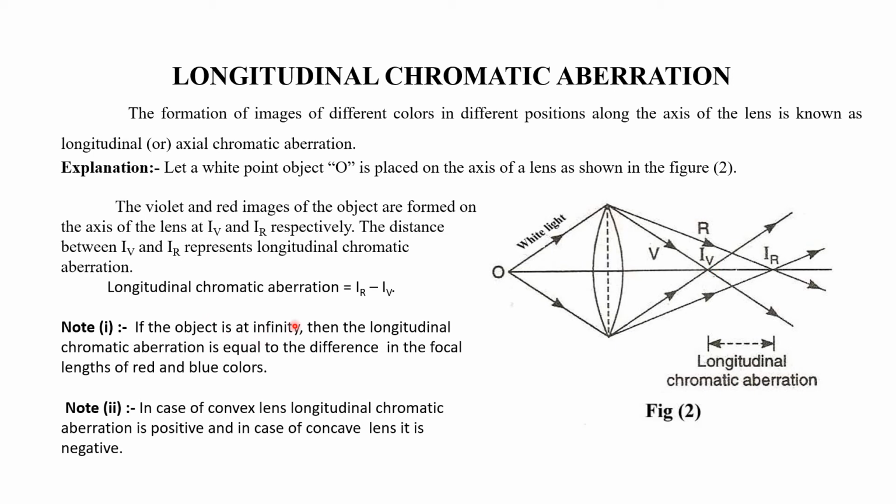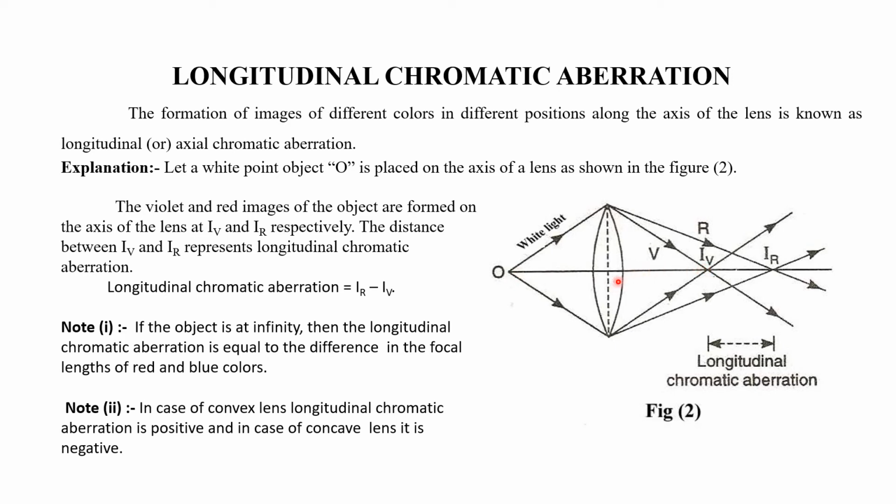Now, if the object is placed at infinity, that means at larger distances, then the longitudinal chromatic aberration is equal to the difference in focal lengths of red and blue colors, because for a distant object, or for an object at infinity, a convex lens forms the image exactly at its focal point.